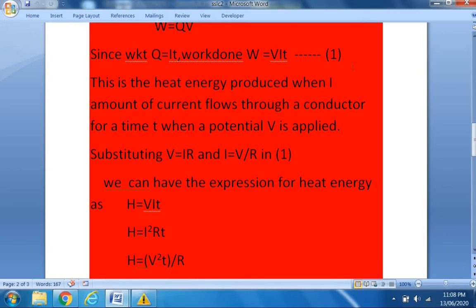So we derived the expression for work. We know that work is equal to energy. Here the energy is in the form of heat.